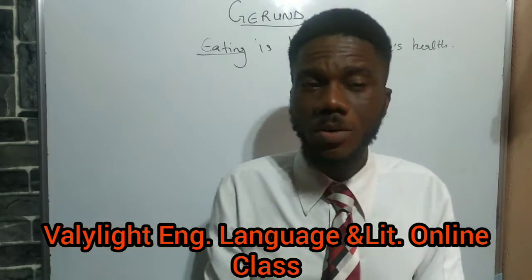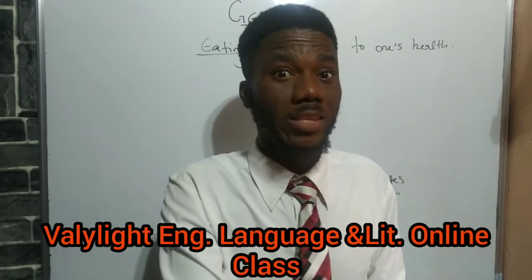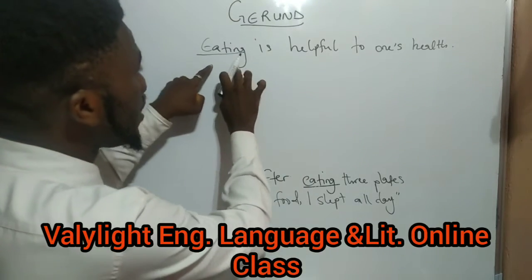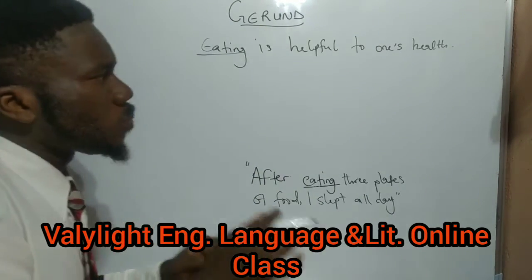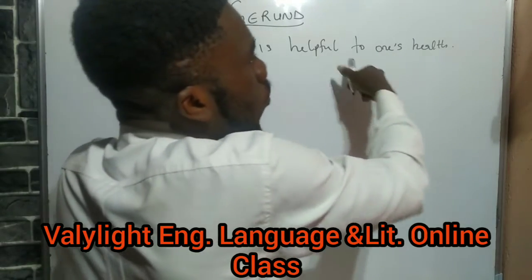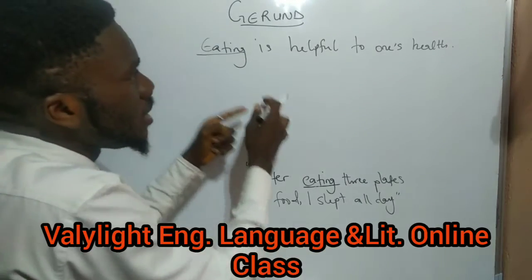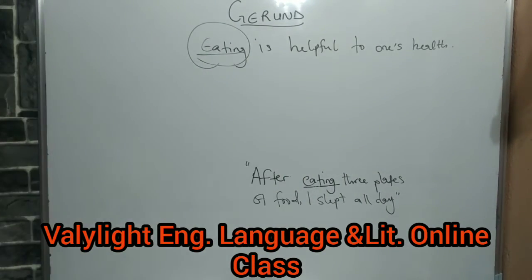What is a noun? A noun is a word that names, a word that gives name to anything. Now, this word that you see here gives name to something, to an action. It points to something that helps one's health. Eating is helpful. In this situation, eating should be considered a gerund.